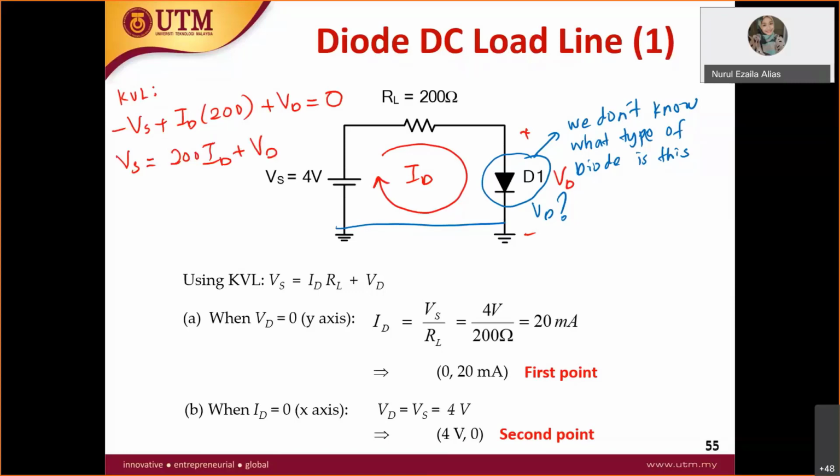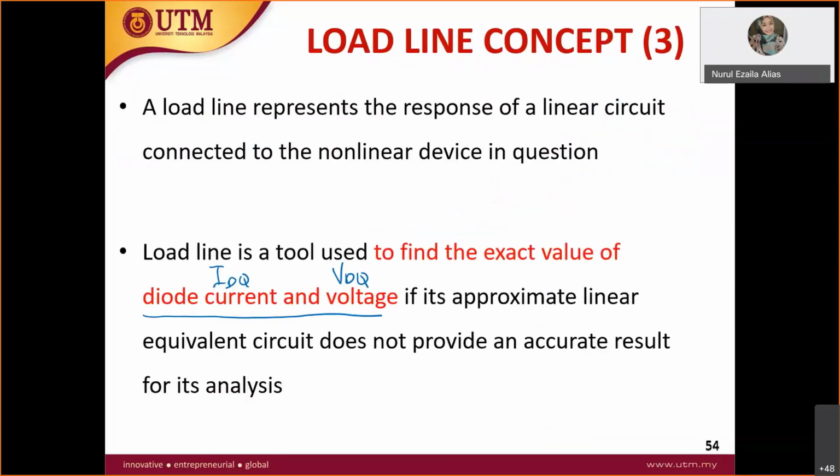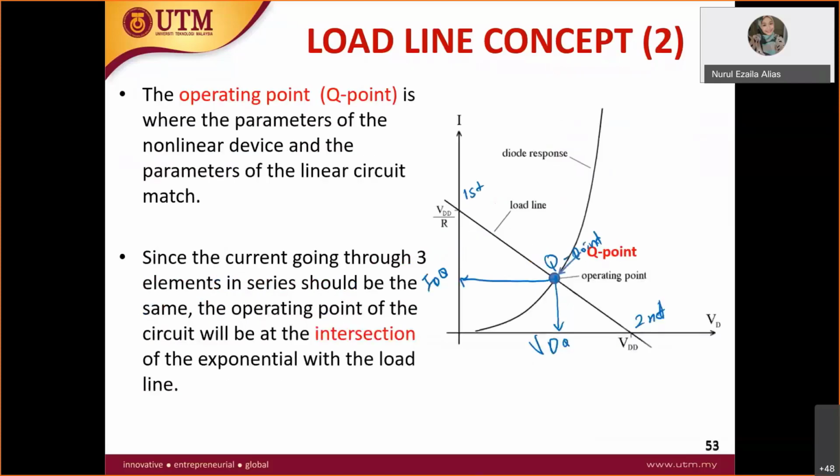Now you want to find the first point. Students, if you want to find this first point, remember this is the y-axis and this is the x-axis. For any linear equation, to find the first point, what will be equal to 0?